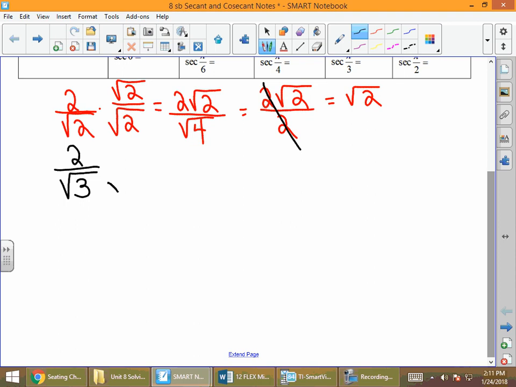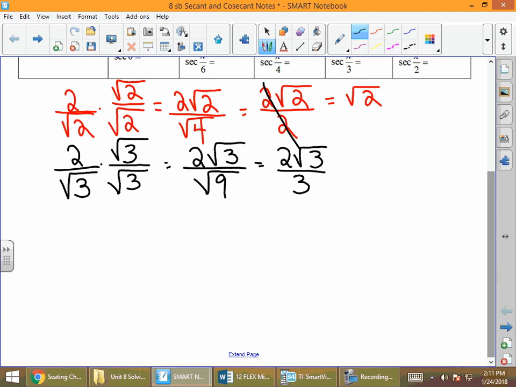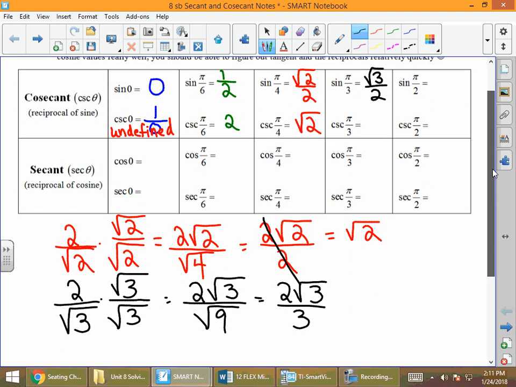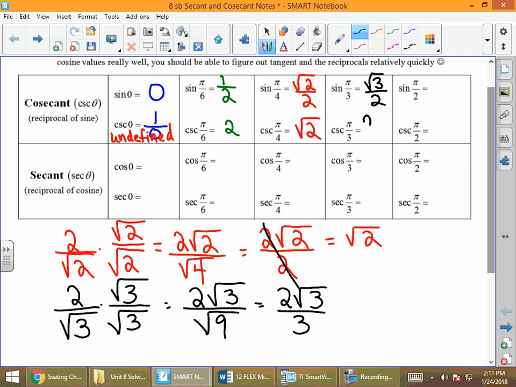So we're going to multiply by the square root of 3 over the square root of 3. Fancy form of 1. We multiply the tops together, we multiply the bottoms together, and we get 2 times the square root of 3 over the square root of 9. Square root of 9 is actually 3. And that is going to be the reciprocal of our value up here of the square root of 3 over 2. It's going to become 2 square root of 3 over 3.